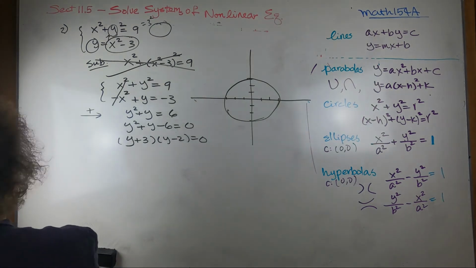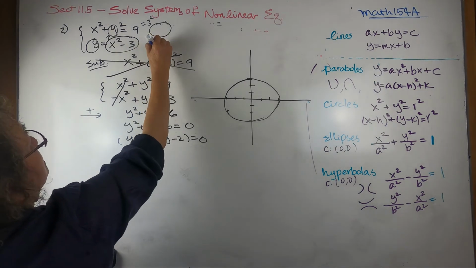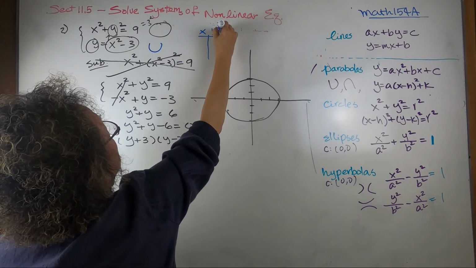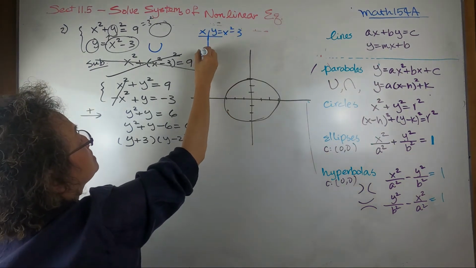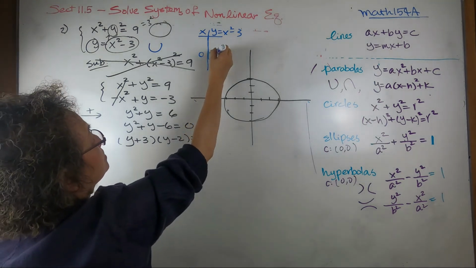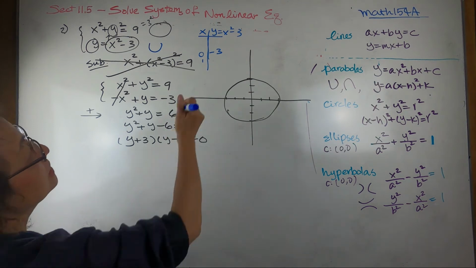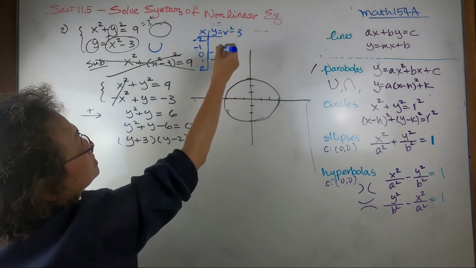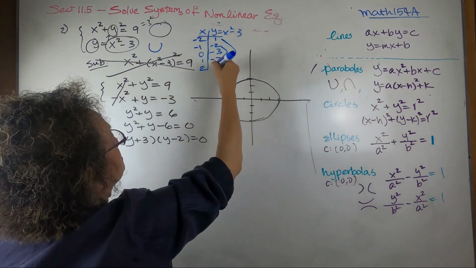Then for the parabola, it opens up, right? So we do our t-table, x, y equals x squared minus 3. So we have 0 in the middle. That would be negative 3. 1 would be negative 2. 2 would be 1. Right? You just plug in. Negative 2 and 1 should be symmetrical.